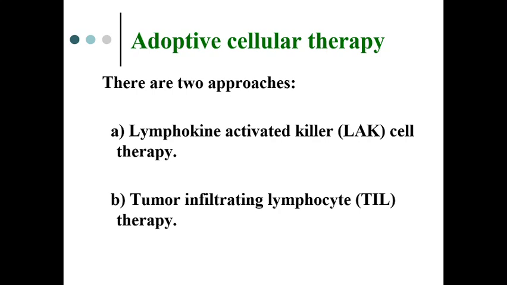For example, natural killer cells which are there at the tumor site are called LAK, in the sense they can be activated by the lymphokines. Therefore they are called lymphokine activated killer cells. These are natural killer cells. Similarly, the CD8 T cells which are there at the tumor site are also called tumor infiltrating lymphocytes.